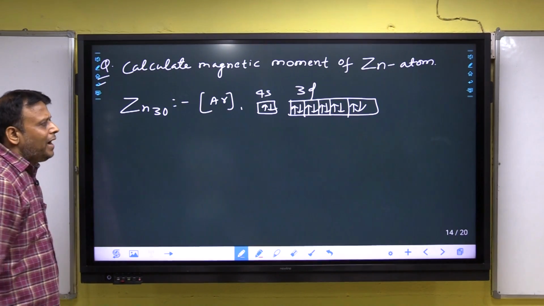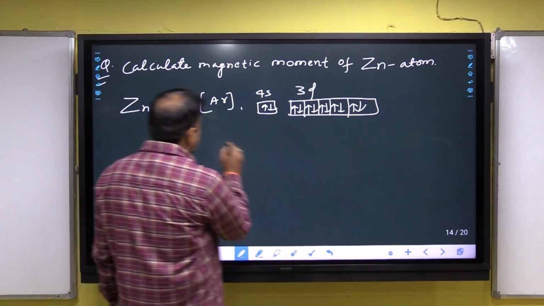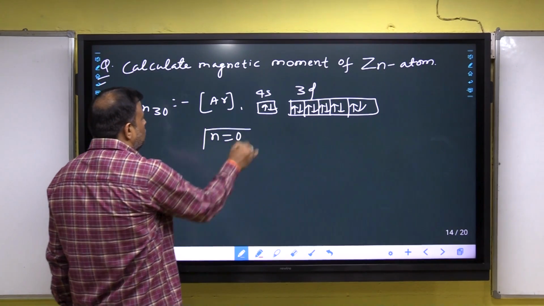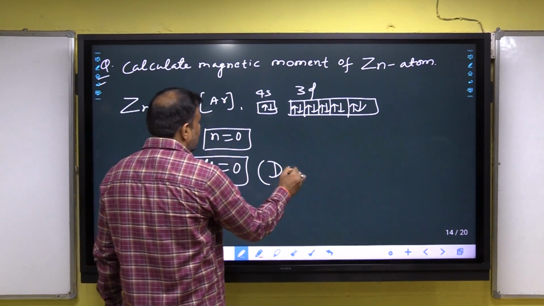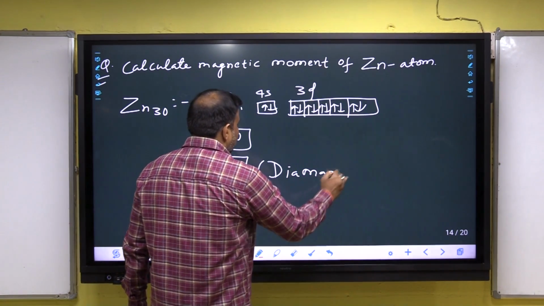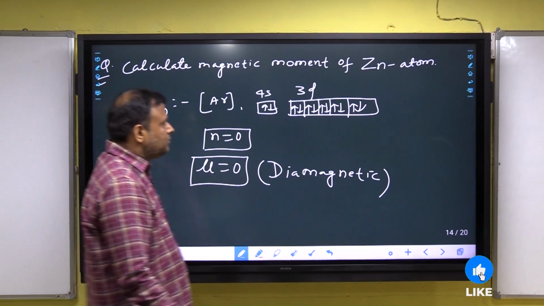The number of unpaired is equal to 0. That means all electrons are paired, n is equal to 0, magnetic moment is equal to 0, and hence zinc is diamagnetic.